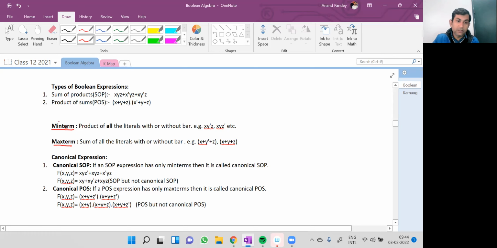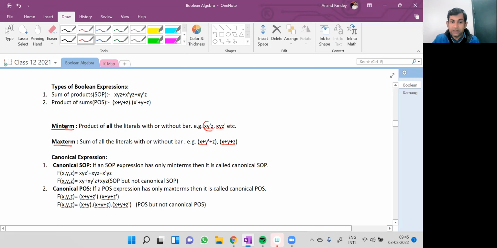You can learn only the min term; remember only the min term, don't memorize the max term, and there will be no confusion. So what is the min term? Product of all the literals with or without bar is called a min term. Literals can also be called propositions.